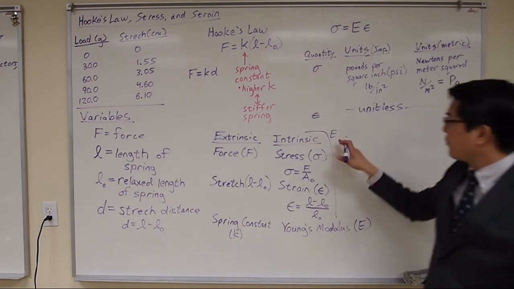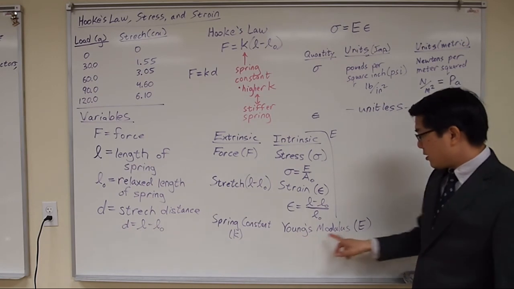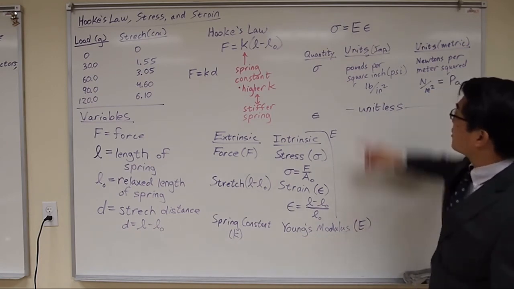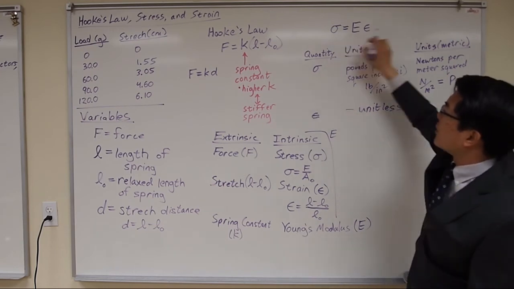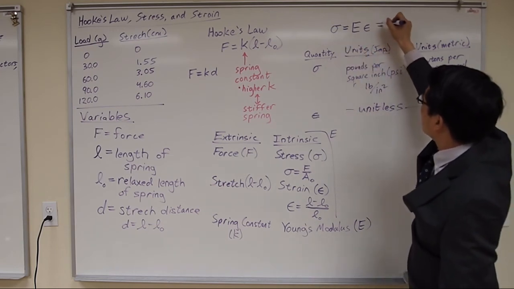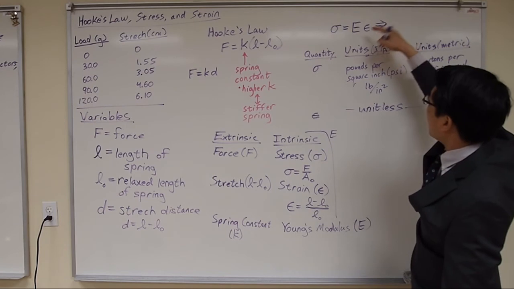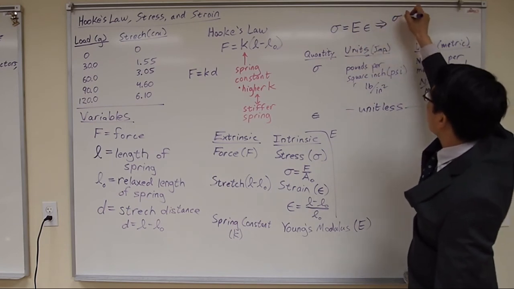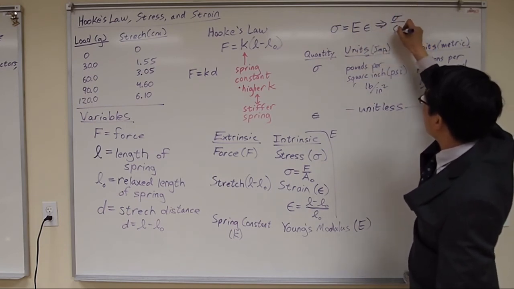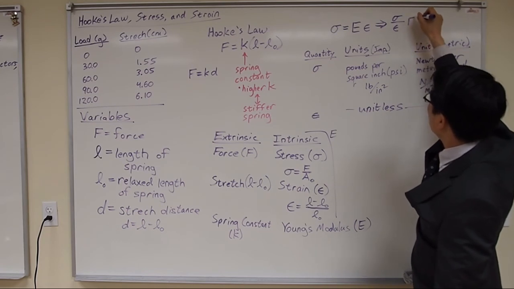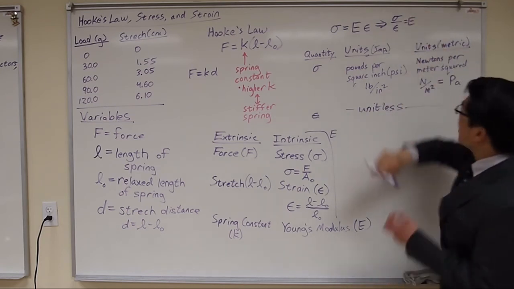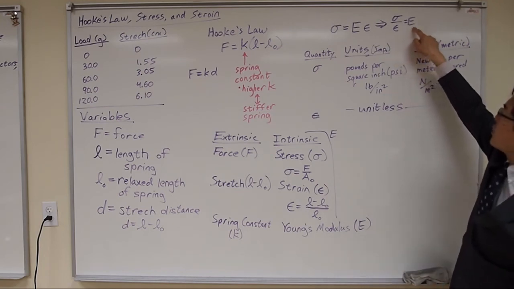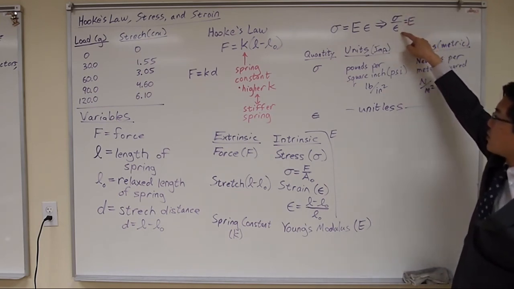All right, so since the units for elastic modulus have to be consistent with this equation, let's do a little bit of algebra here. Let's transform this a little bit and isolate E. So we got stress over strain is equal to the elastic modulus. Okay, so the units for elastic modulus must be the units for stress divided by the units for strain.